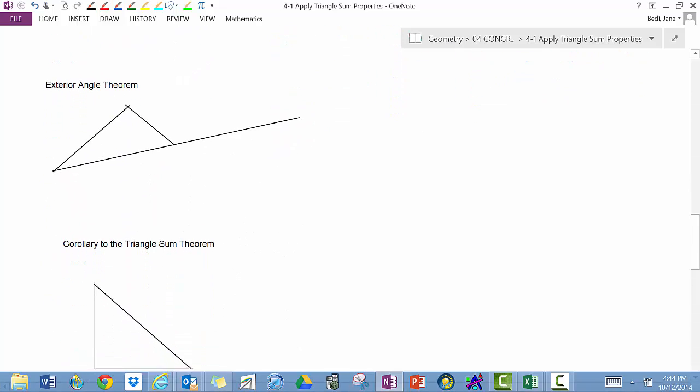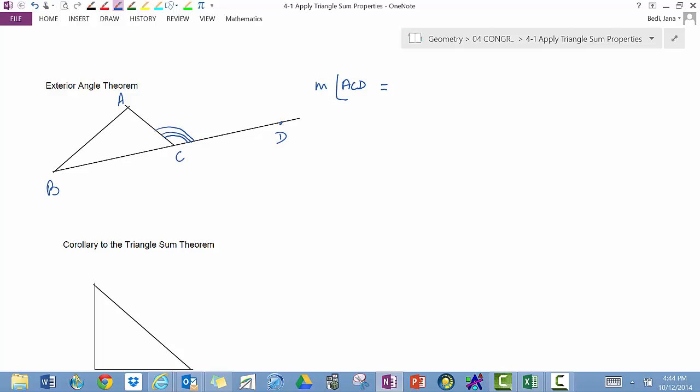Exterior angle theorem. What does that say? It says if I have an exterior angle here, that one there, so let's call this A, B, C, and we'll label this point D. Then the measure of angle ACD equals the sum of the two remote interior angles.